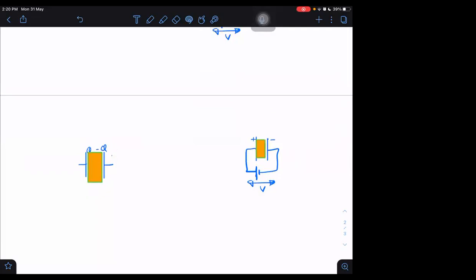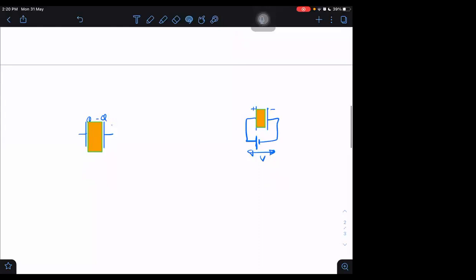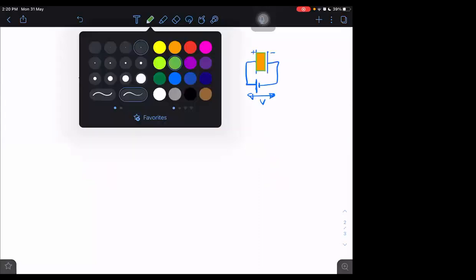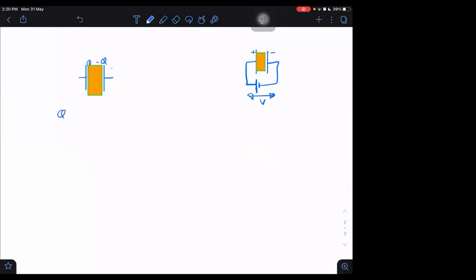Now, what difference will be there in these two cases? In number one, as you said already, the charge will remain constant. Q final will be equal to Q initial only. In the second case, V final will be equal to V initial only.